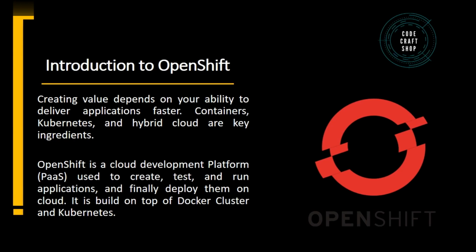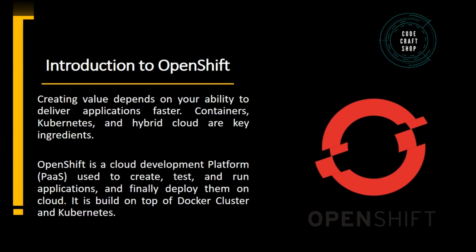OpenShift is a cloud-based development platform which is used to create, test, and run our applications and finally deploy them on the cloud. It is built mainly on top of Kubernetes and Docker so that we can use the container images at the root level. Since it is built on top of Docker, it uses lightweight containers and container images, and Kubernetes helps us to orchestrate these containers.